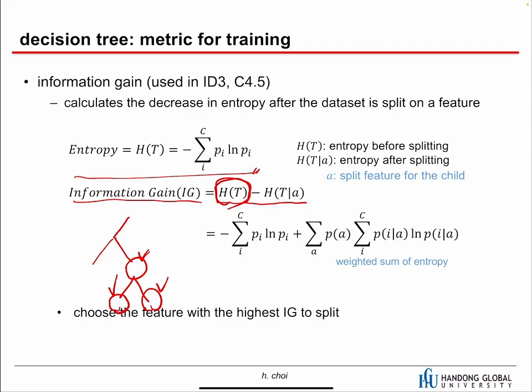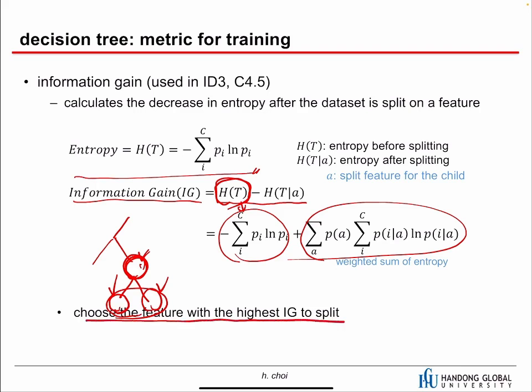So we can compare them. This one is the current entropy, and this one is the entropy after splitting. So we compare, and if we can increase this information gain, that's the better way to split the current node. So choose the feature with the highest information gain to split.